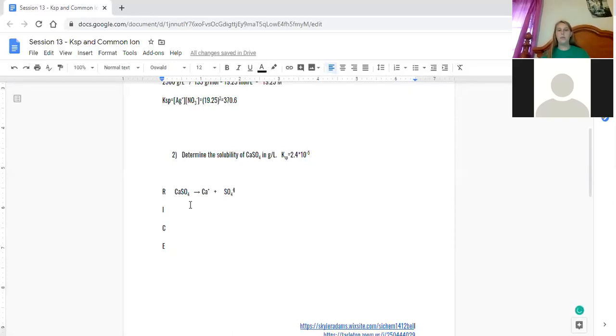So we have a reaction, and let's go ahead and write down our KSP equation. So what's the KSP equation? Y'all know this one from KSP Live.